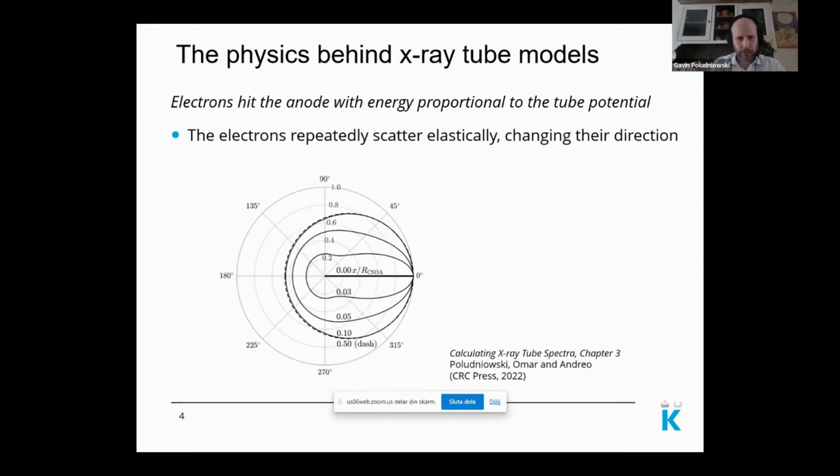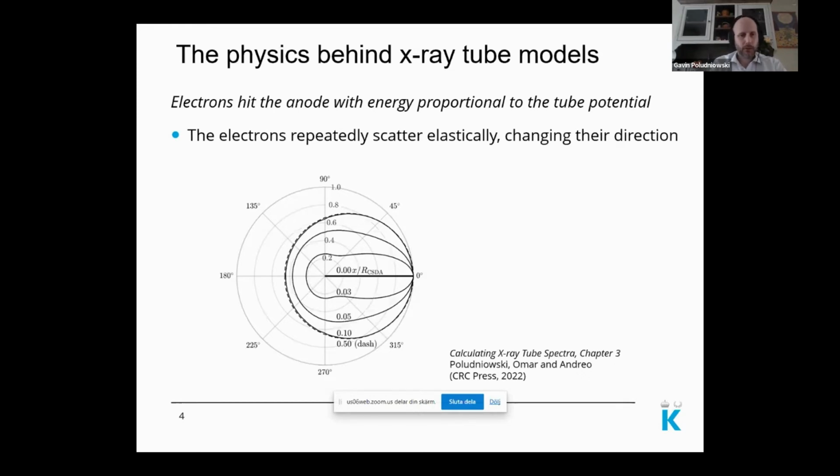But right at the surface, at a zero fraction of the CSDA range, they're all traveling in the same direction, and that's depicted by this thick line on the axis there, all going at the direction of 0 degrees into the target.